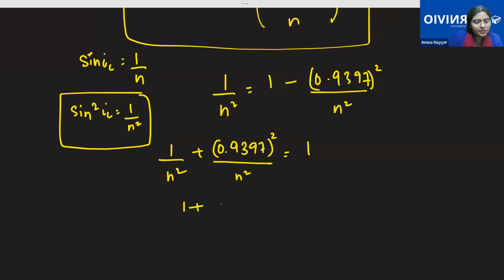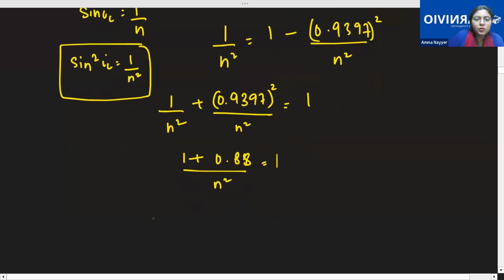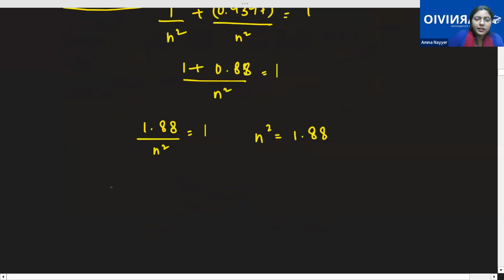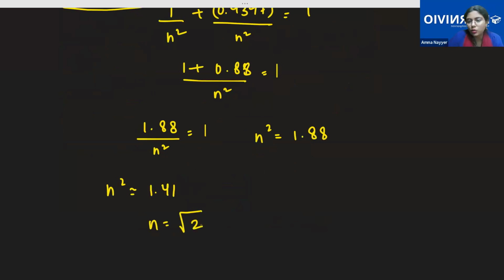So 1 plus 0.88 divided by n square is equal to 1, that is, 1.88 by n square is equal to 1. So n square is equal to 1.88. n is approximately equal to 1.41, that is nothing but root 2.